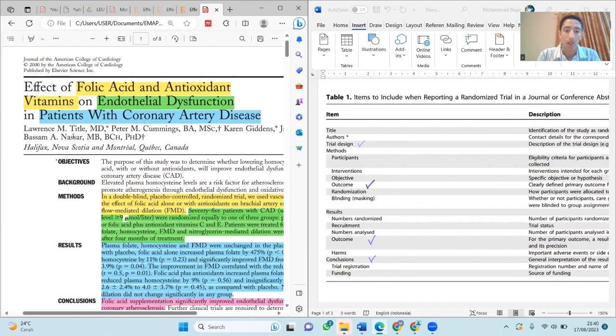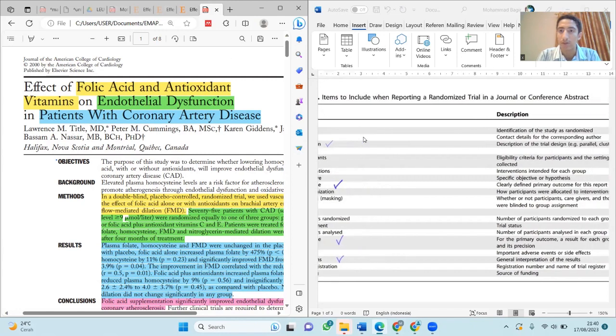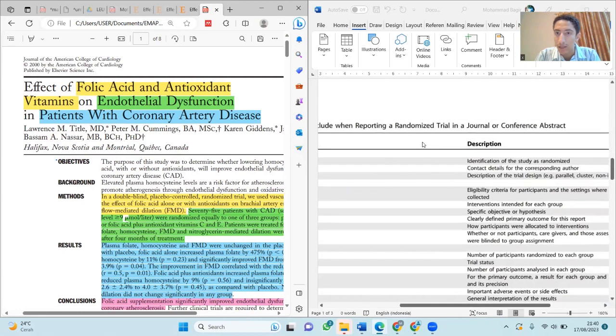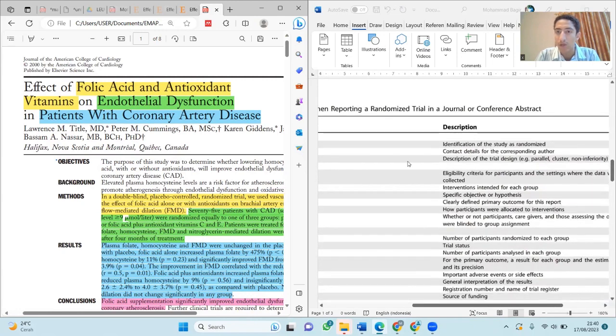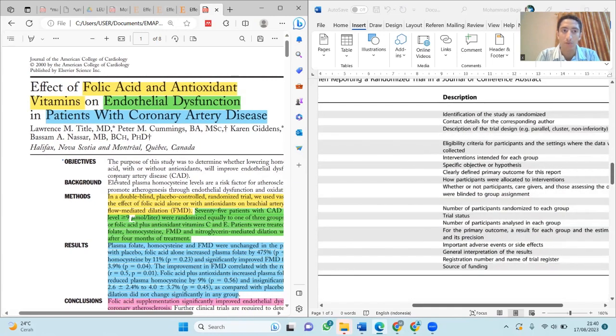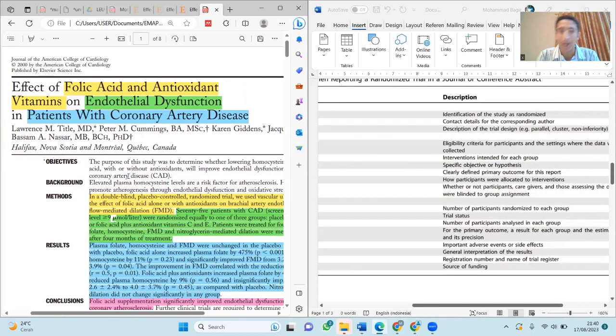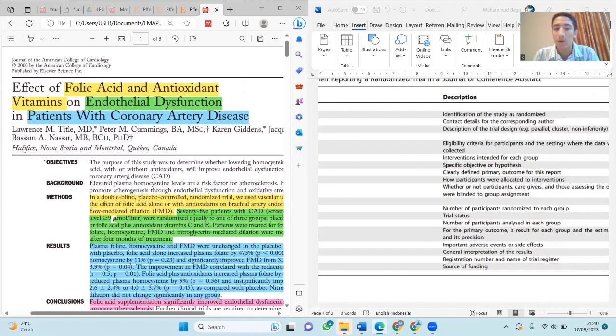So, not. And then the authors: the contact details for the corresponding author. So where are the authors? We cannot find the authors. Why can we not find the authors?